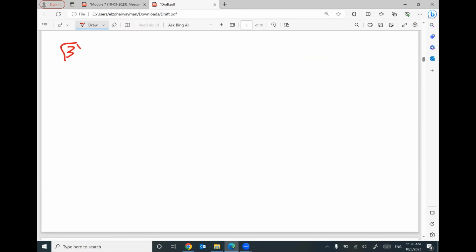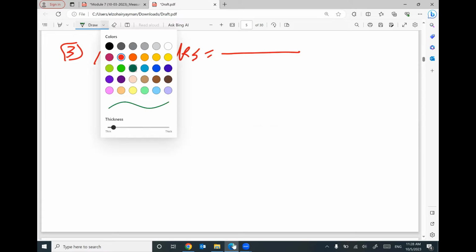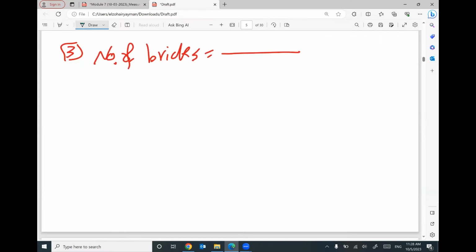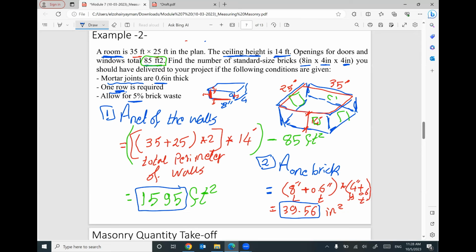So step number 3, the initial number of bricks will equal the total net surface area from the first step, which was 1595 square feet, divided by the surface area of one brick, 39.56.